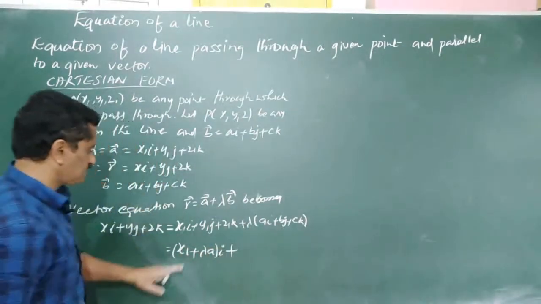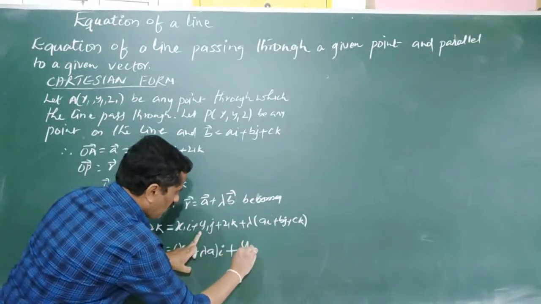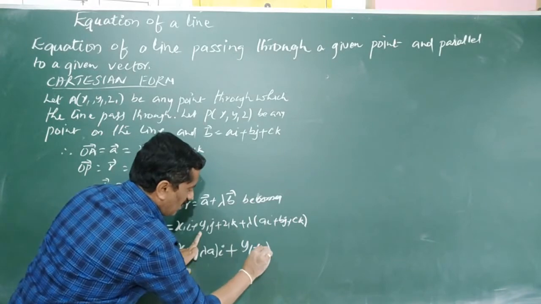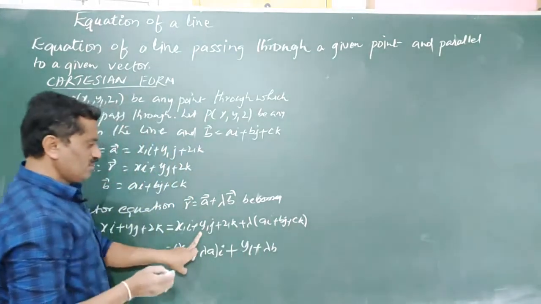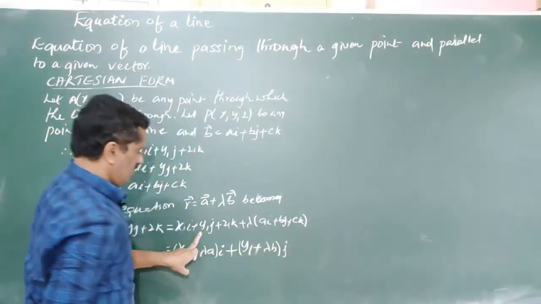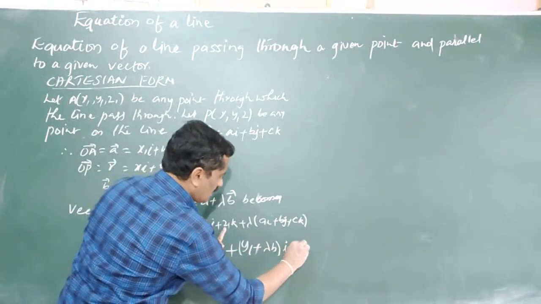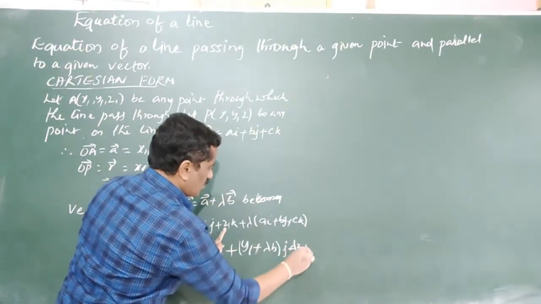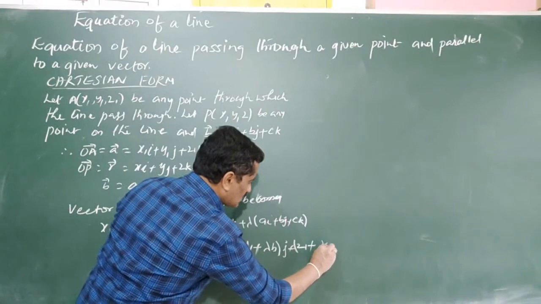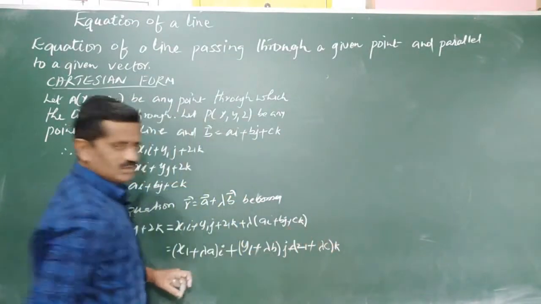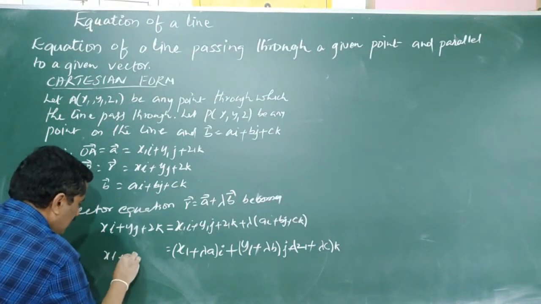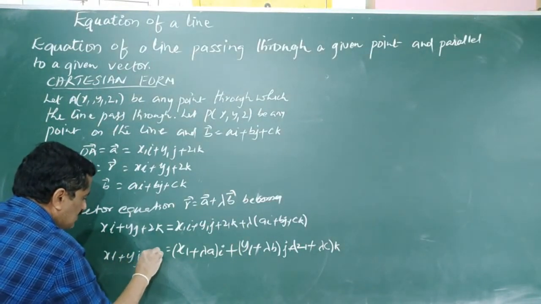Similarly, y1 plus lambda into b, of j. Again z1 plus lambda into c, of k. Here we have xi plus yj plus zk.